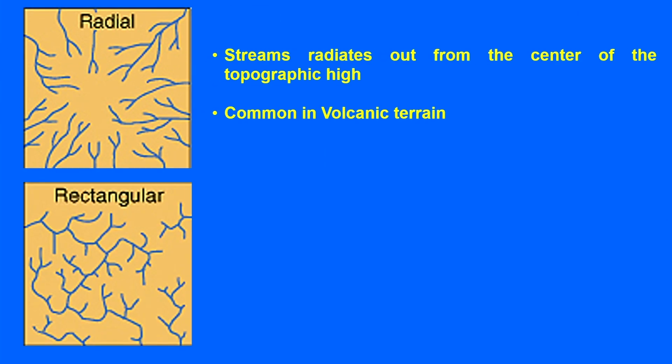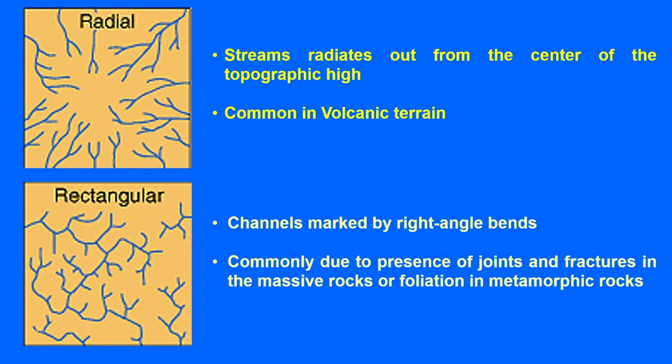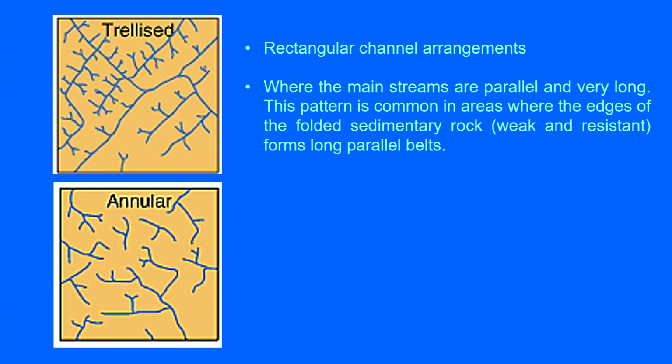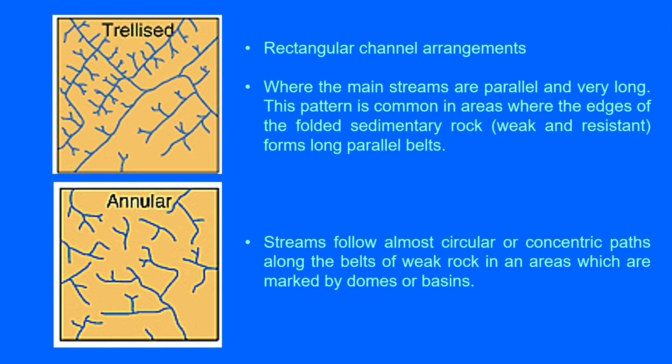As we told, it could be related to the higher topography, and then you are having rectangular if you are having jointed and fractured terrain. Then trellis mostly in the folded areas where you are having weak and resistive rocks. Annular again you are having in concentric path which will be seen, and this could be because of the domal or basin effect. Okay.